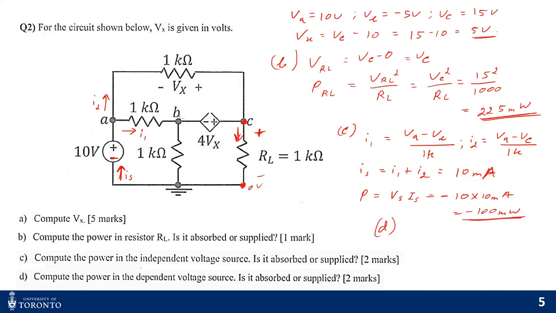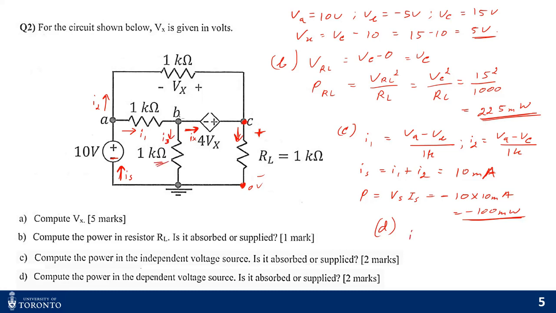For part D, you have to find out the power absorbed or supplied by the dependent voltage source, right? For that, the same thing, you have to find out the current through the dependent source. So let me term this as Ix. Therefore this I1 is split up into, let's say, I3, which is the current through this 1 kilo ohm, and Ix.